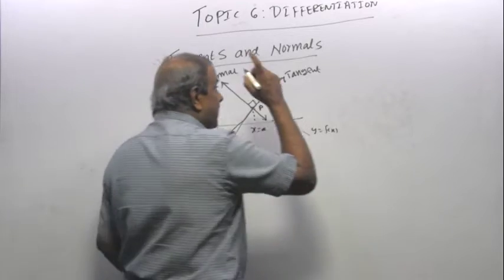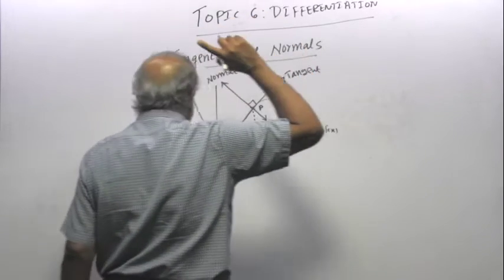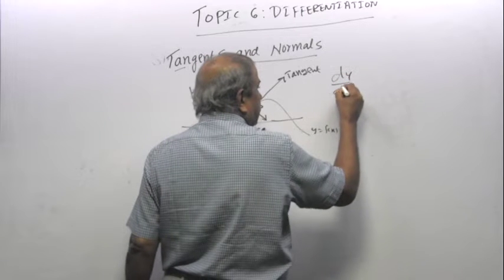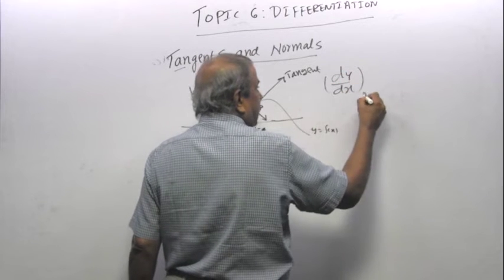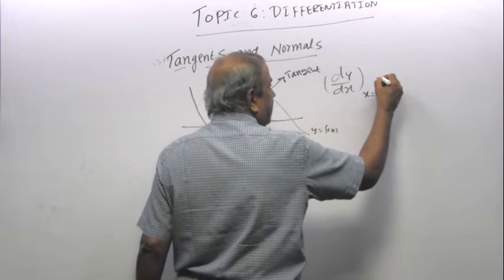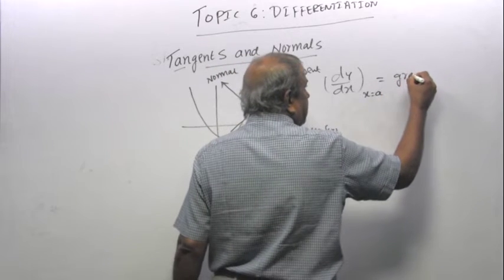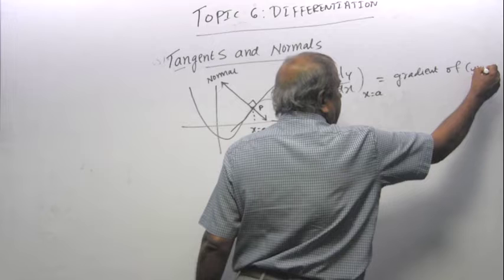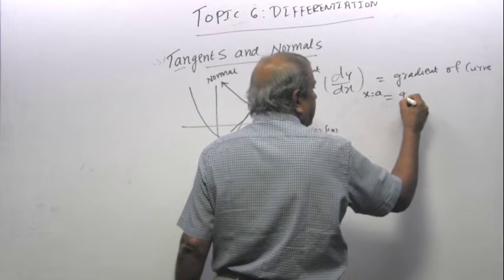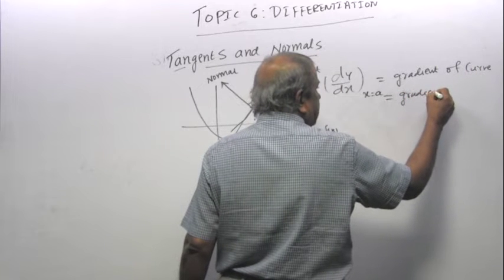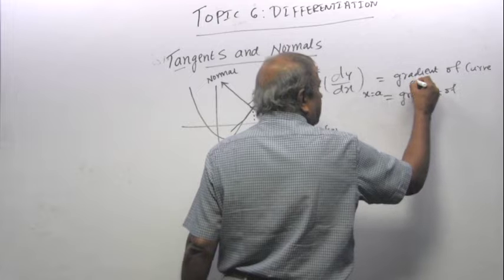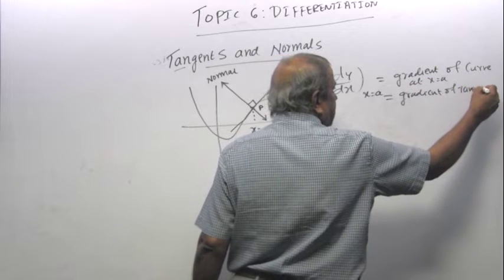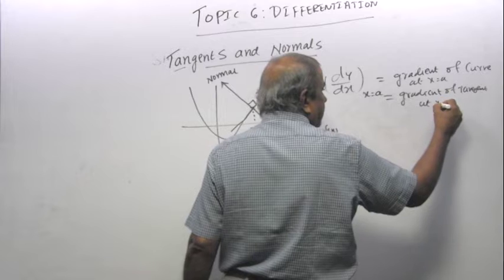Look, gradient, remember the very first definition of dy by dx. So dy by dx at x equal to a is the gradient of the curve, and from GCSE you know it is the gradient of the tangent.